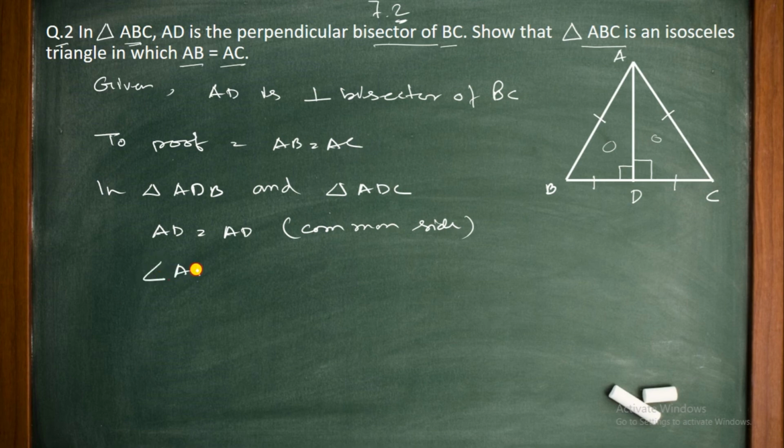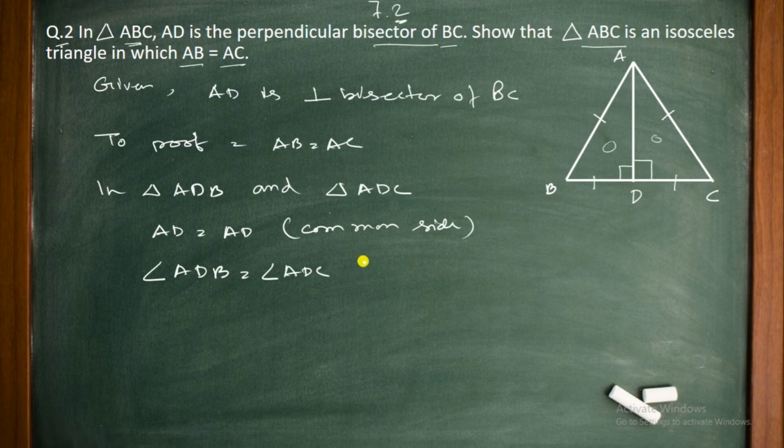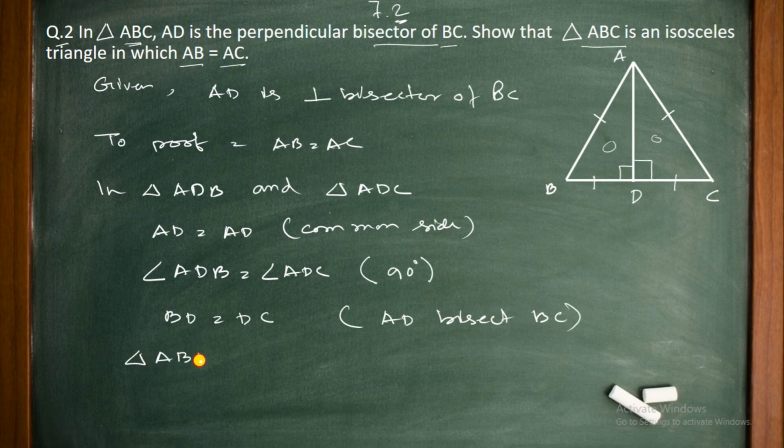And angle ADB is equal to angle ADC, because both are 90 degrees, and BD is equal to DC because AD bisects BC. So triangle ABD is congruent to triangle ACD by side angle side criteria.